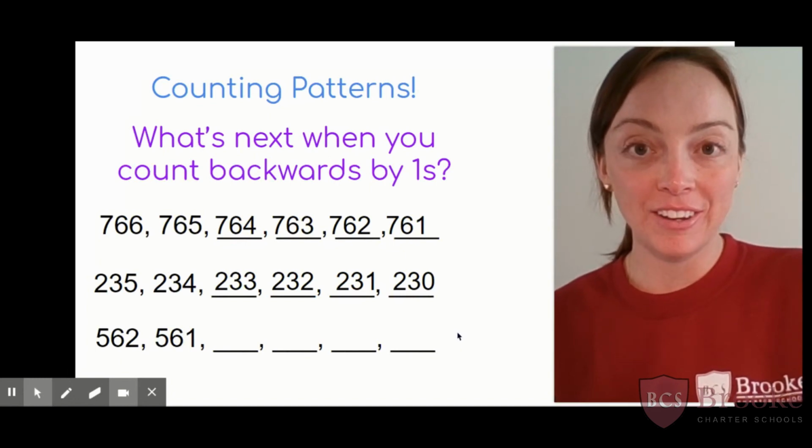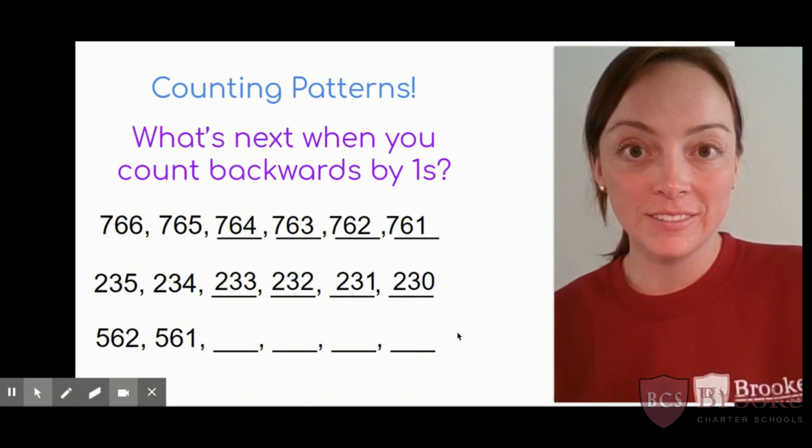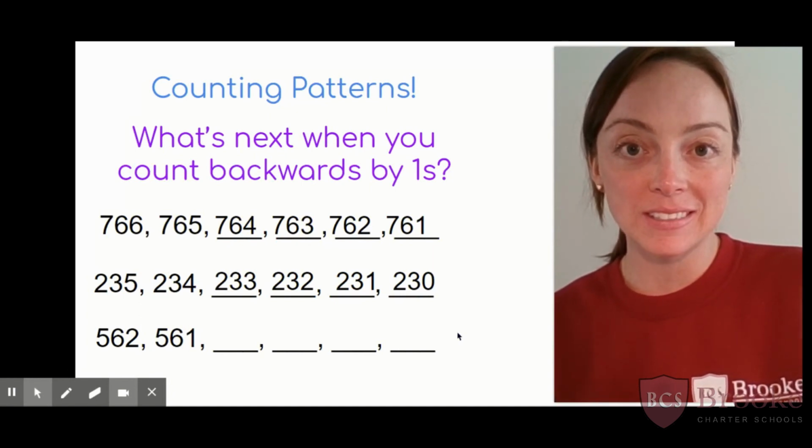562, 561. Fill in the next numbers, counting backwards by ones.